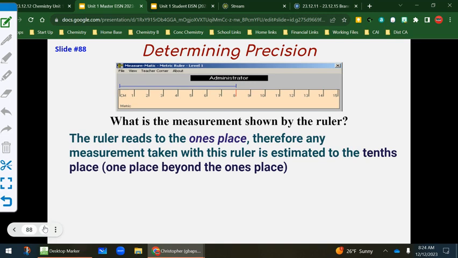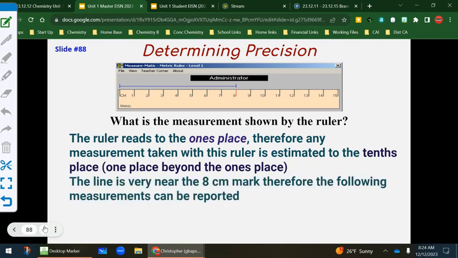So that line looks like it's right on the 8. I've got to find a way to write 8 to the tenths place. That means I can write 8.0. I could write 7.9. I could write 8.1. Questions? All right. I don't know if I can do this, but we're going to try, ladies and gentlemen.